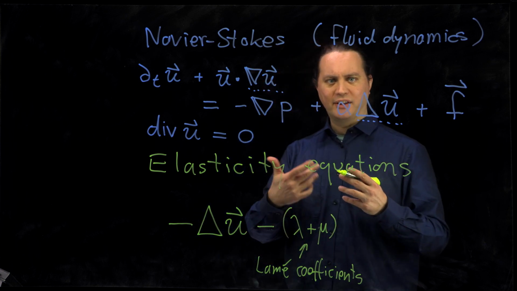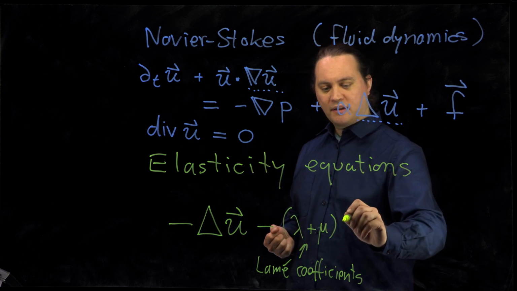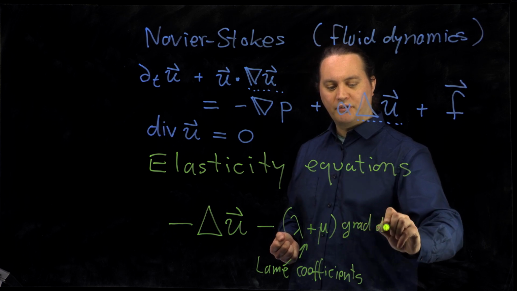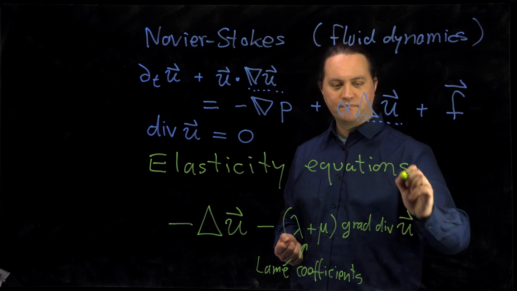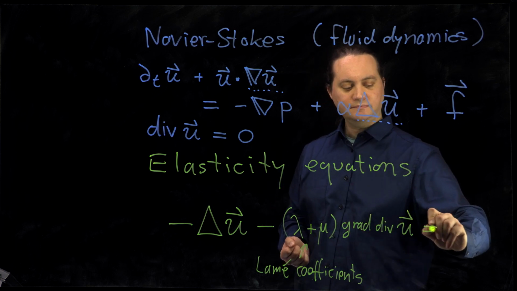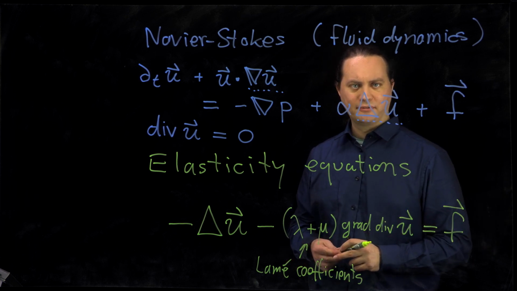They describe basically the response of the material to external forces. That's multiplied with the gradient of the divergence of the vector field u. That equals the external force F.